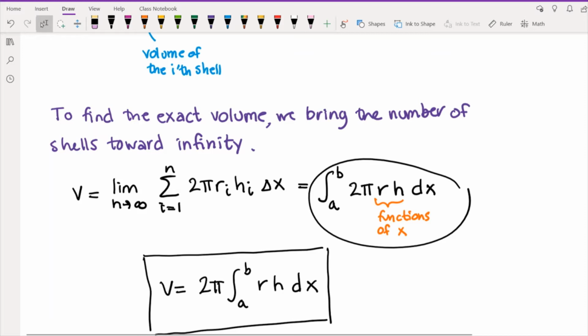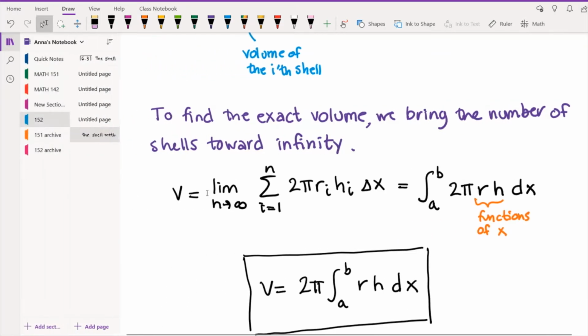And then when you actually go to integrate it, you can pull out the 2 pi. If you're looking for a way to memorize this, I would just think about, how do you find the surface area of a cylinder? That would be 2 pi r h. And then the dx is what adds that thickness to make it into a volume instead of just an area. So this is the setup if you're integrating with respect to x.